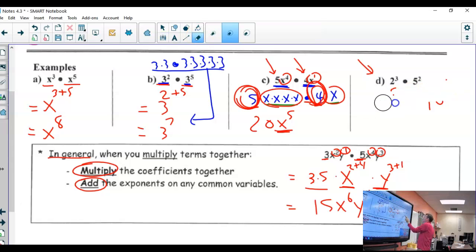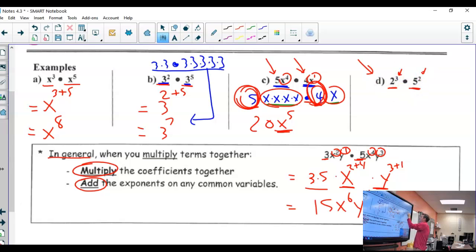The exponents are not on the same base. The 3 is on a 2 and the 2 is on a 5. When they're not on the same base, you can't use any trick for exponents. You just have to use PEMDAS.